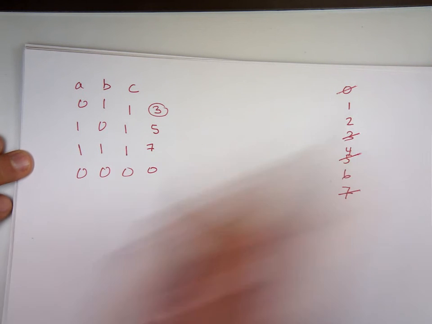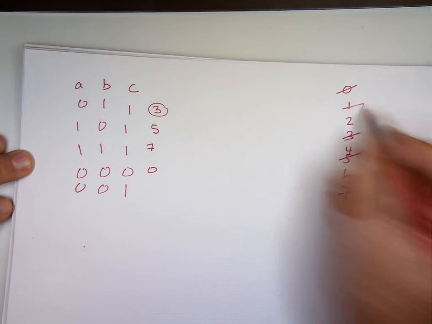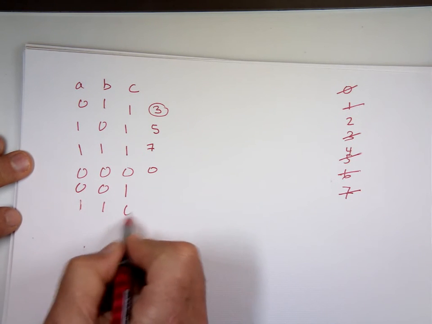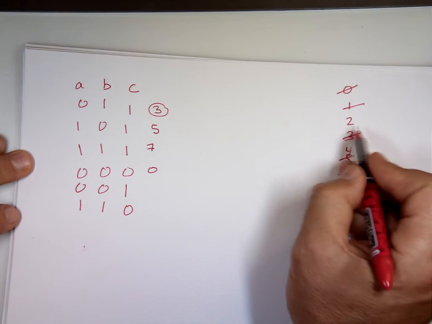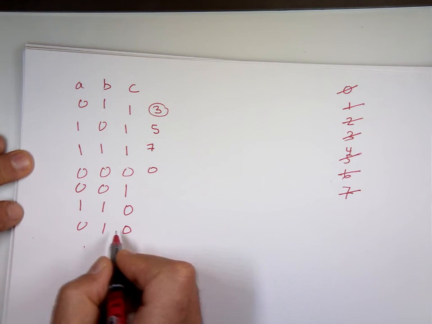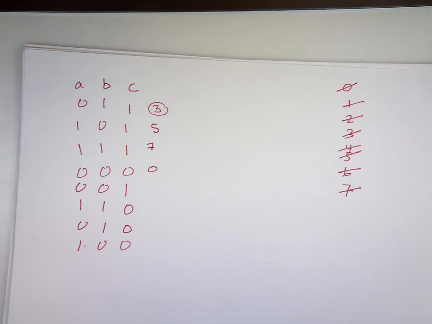That's the 1. Let me do the 6. What's left? The 2 and the 4. So that covers all the possibilities. But it looks messy, it's all over the place. It still will work.